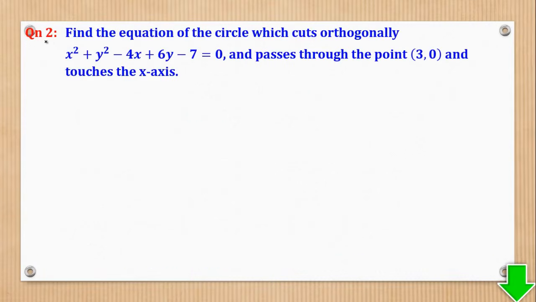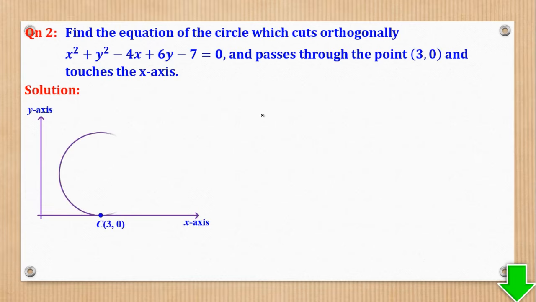So now we shall go to question 2, which says find the equation of the circle which cuts orthogonally this circle and passes through point (3, 0) and touches the x-axis. So we shall label the axis, then remember it passes through this point and touches the x-axis, meaning that it touches the x-axis at that very point.